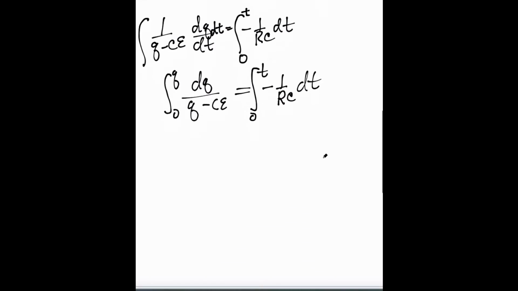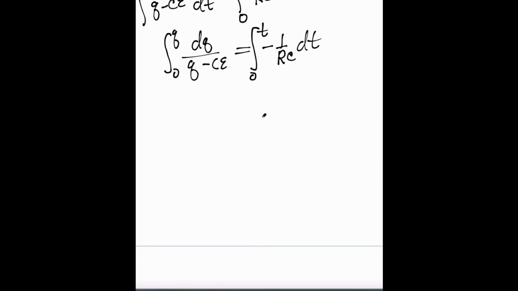It would help to take the -1 over rc out, and now we've got the integral from 0 to t of dt. The integral of dt from 0 to t is just t, so the right-hand side becomes t over rc.